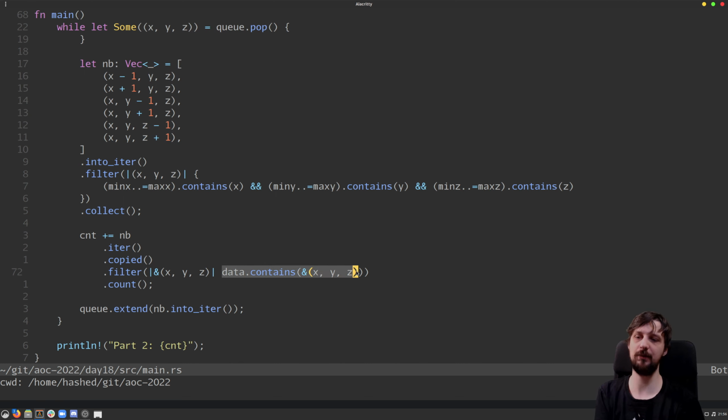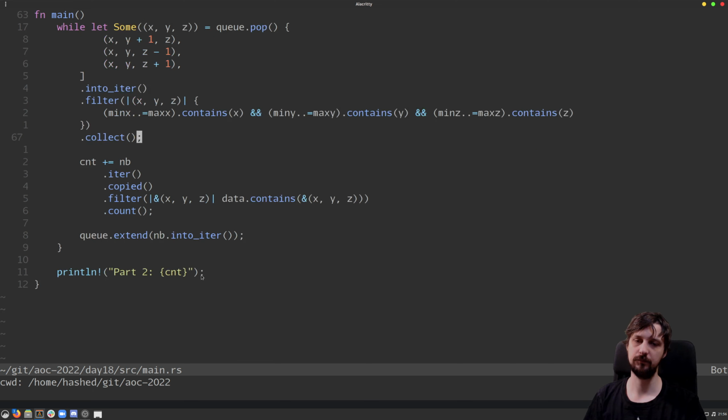So I just figure out how many edges I occurred, and then I count those edges. And then on the vector I can just use extend to immediately push the iterator into the vector. So I just extended it, and part 2 is done.